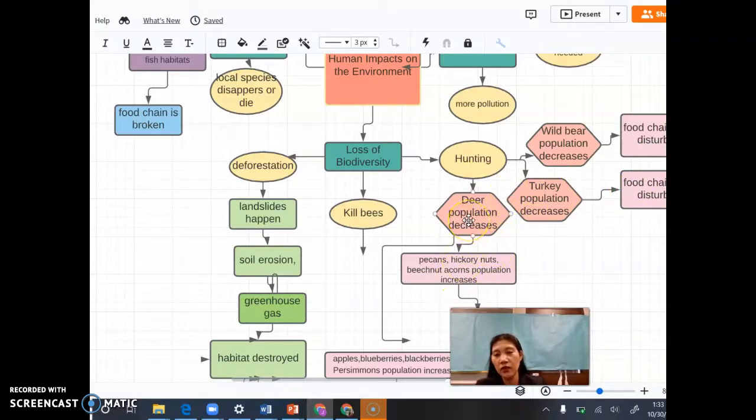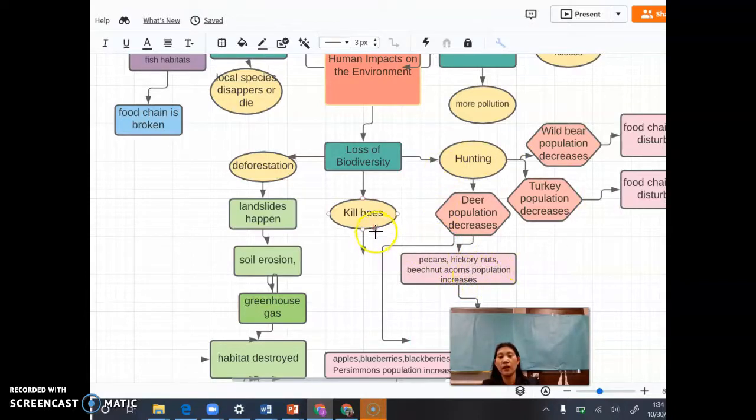If the deer are hunted, the pecans, hickory nuts, beechnuts, and acorns population will increase, of course, because nobody will eat them.